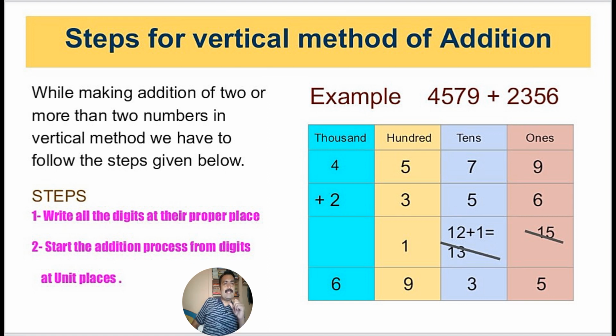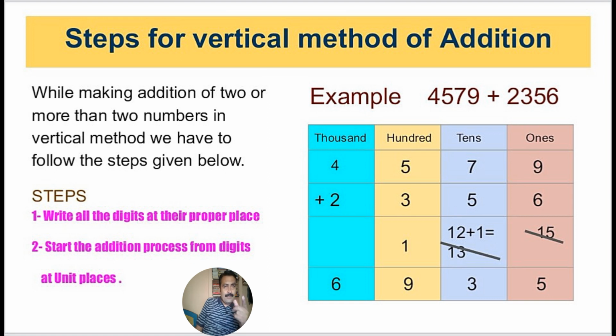In this example we start the addition from the ones place: 9 plus 6, and we get the sum 15. Now 15 we cannot write as it is, so instead of 15 we write just 5, and 1 we take as a carry into the next addition, in the tens column.